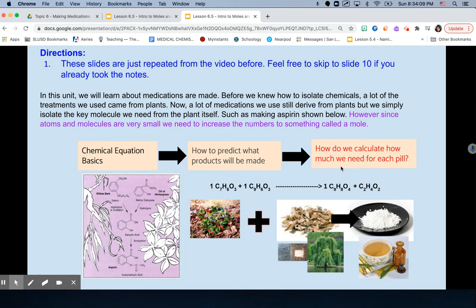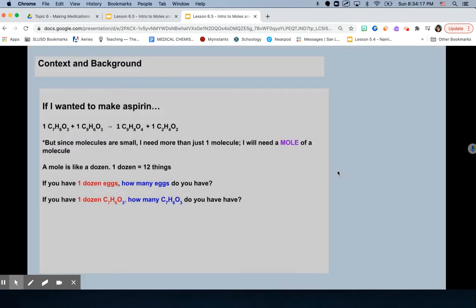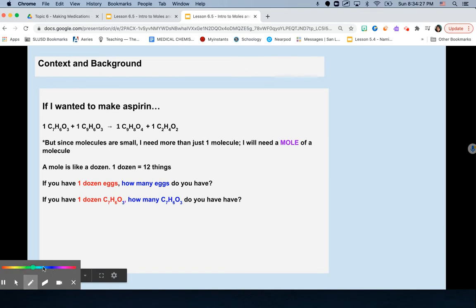This is especially true if we're trying to make a pill of aspirin. Because molecules and atoms are so small, if I just take one of this molecule, a tiny dot, and combine it with one molecule of this one, and make my aspirin, I'm not going to have enough.